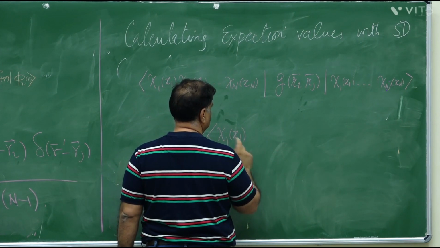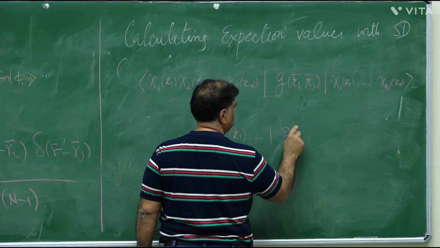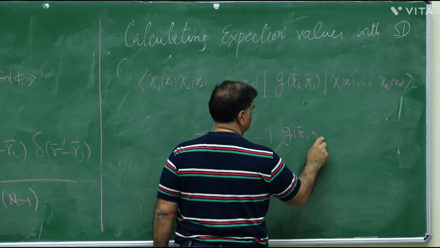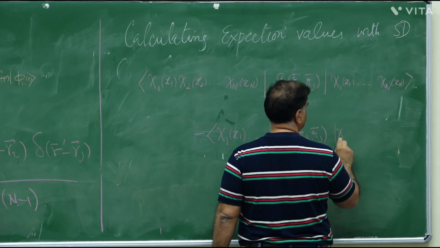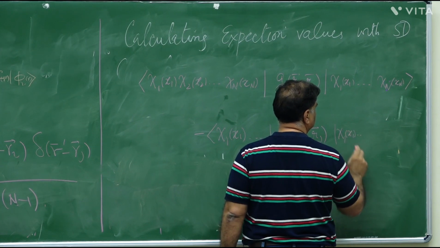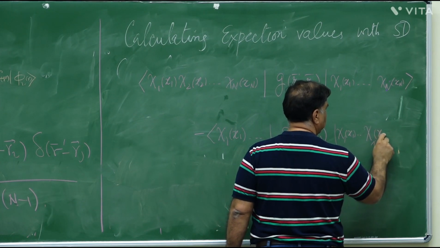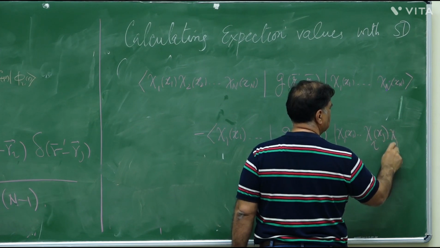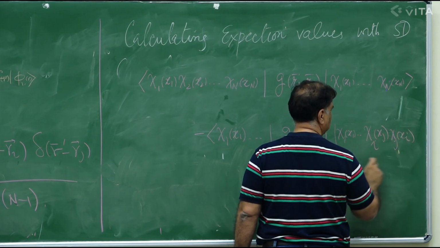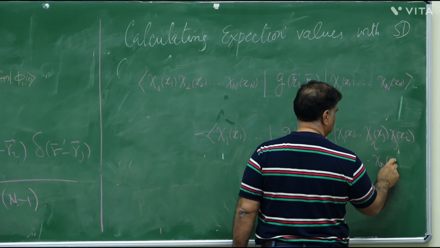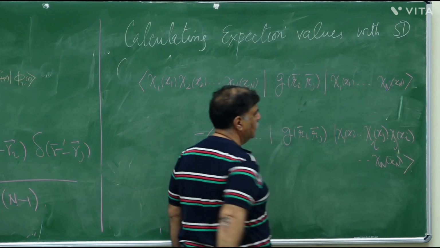chi_1(x_1), g(r_i, r_j), chi_1(x_1), all the way up to, I can have chi_i at j, chi_j(x_i), chi_n(x_n).